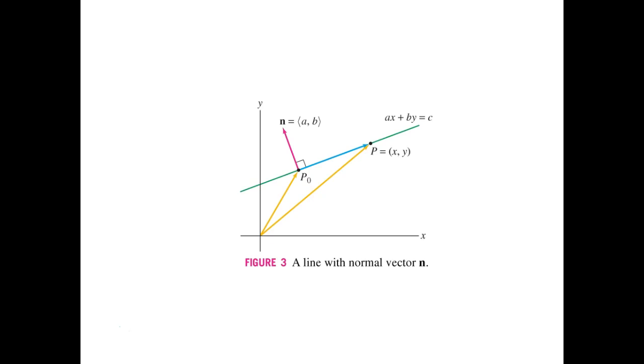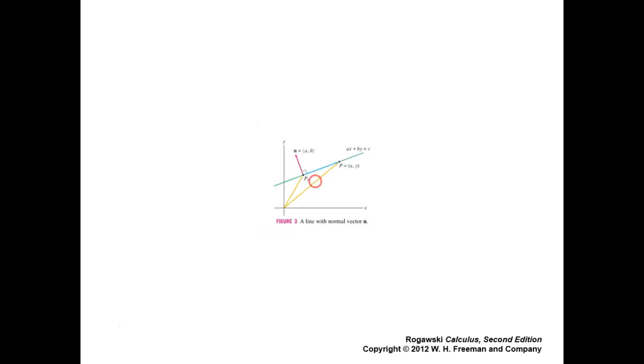Because it has a slope of, okay, the slope of this line, I'm going to have to reduce it. Let's write this in slope-intercept form. That would be BY is equal to minus AX plus C. Agreed? So Y is equal to minus A over B X plus C over B. Where C over B, remember we said, was the y-intercept right there.